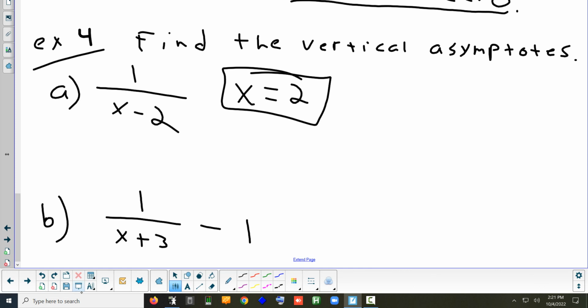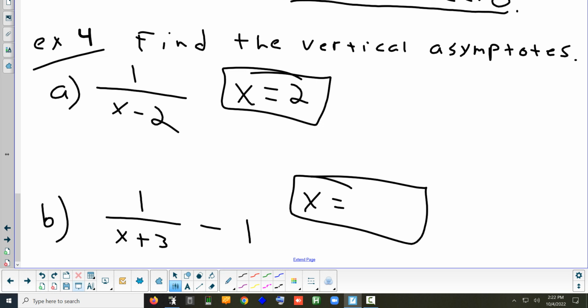How about this one? 1 over x plus 3, minus 1. Yeah.